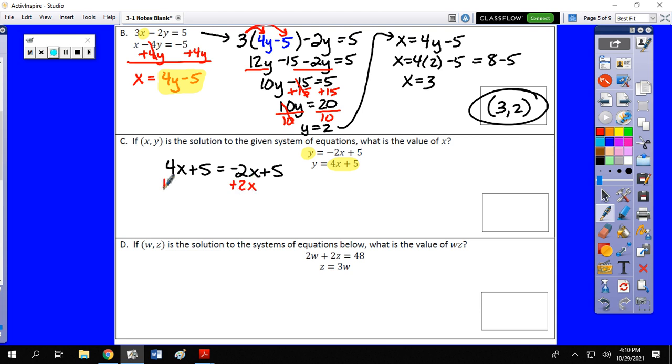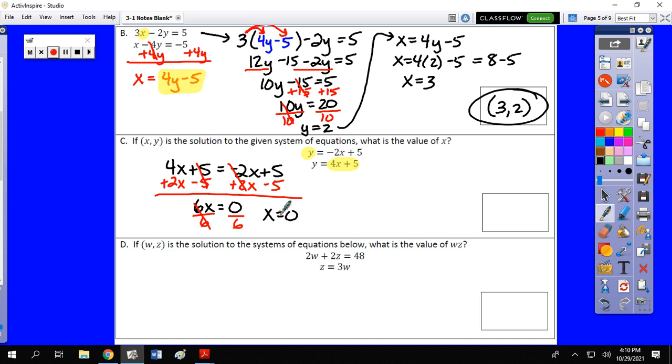So I'm going to add 2x to each side and subtract 5 from each side. And I know what you're thinking. You're thinking, well, wait a minute. 5 minus 5, that's nothing. That's true. It is nothing. It's 0. So then when we divide both sides by 6, when we divide 0 by 6, that's not very interesting. We get x equals 0.